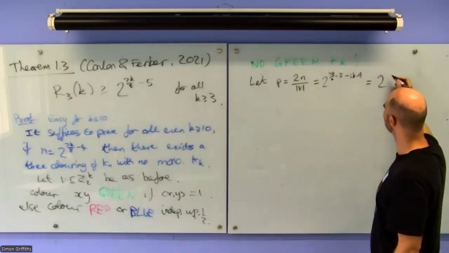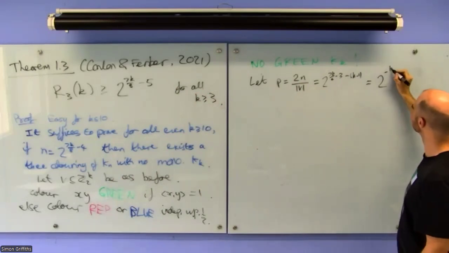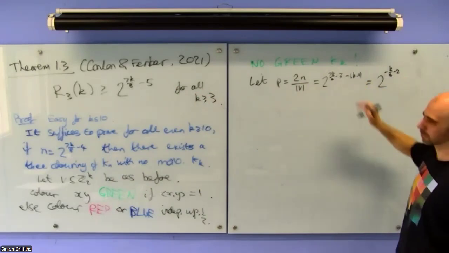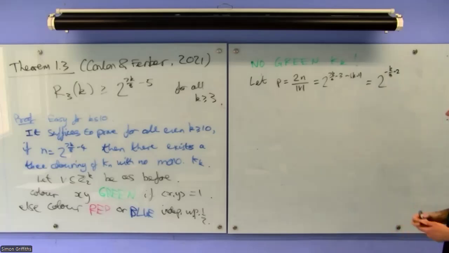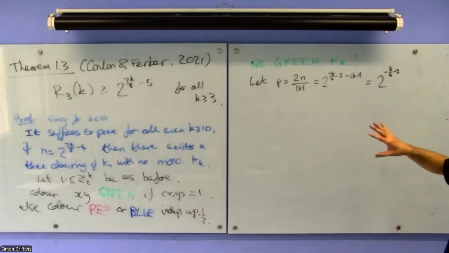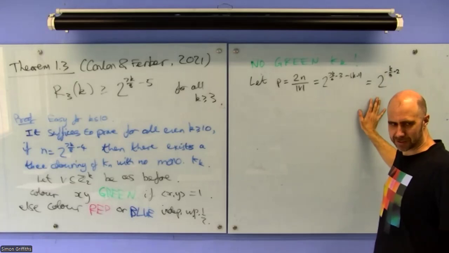In other words, p is 2 to the minus k over 8 minus 2. Anyway, the exact value of p is not really what matters.